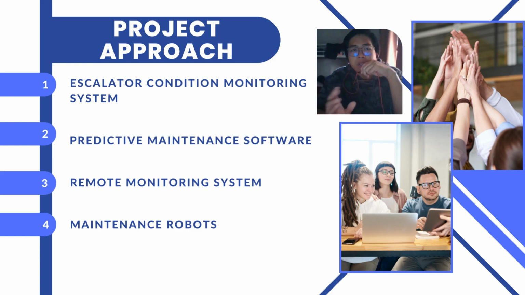Sometimes it varies whether a part of the escalator can be damaged in some way that we have not predicted. By using this software, we can allow the maintenance to be done in an immediate response.